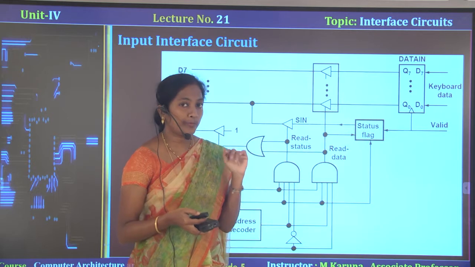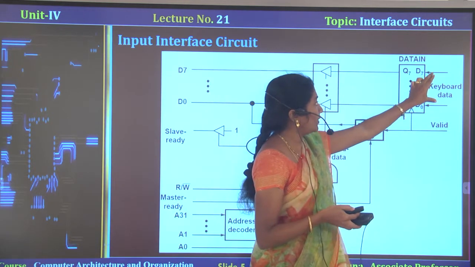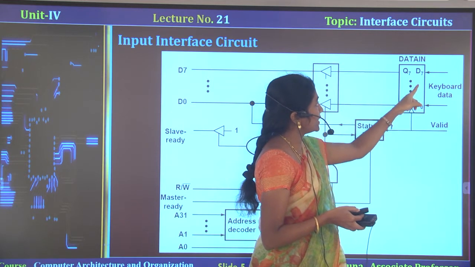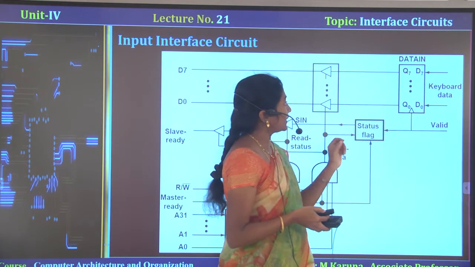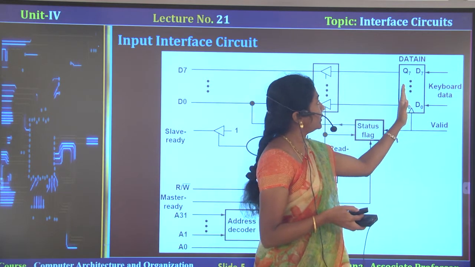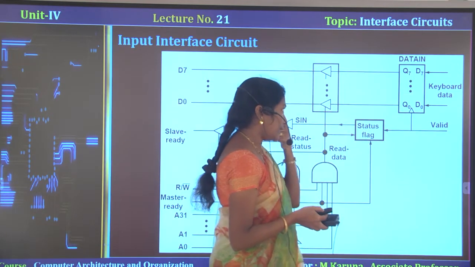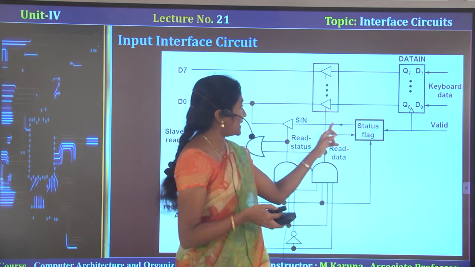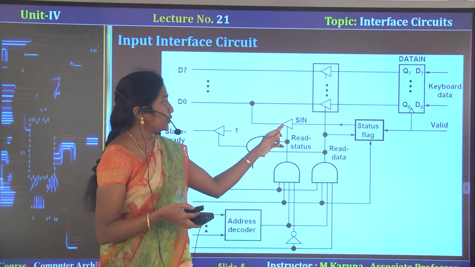Whenever you press a key, the corresponding code will be transferred through data lines D0 to D7. That code will be loaded into the data in register. At the same time the valid signal will be high. Then the SIN flag bit will be set to 1.